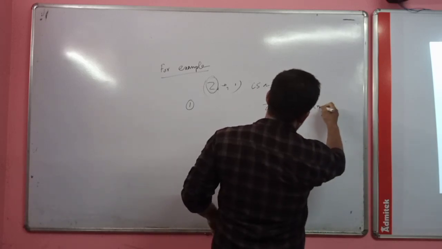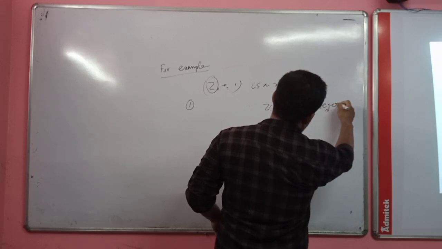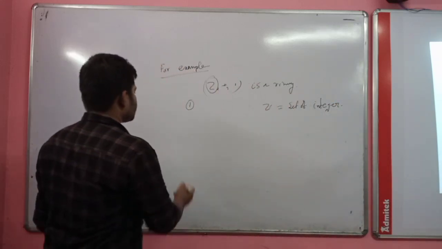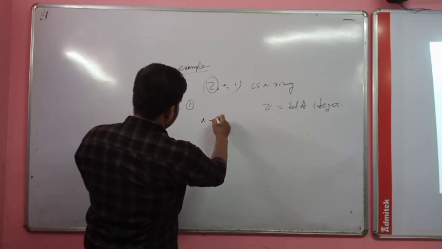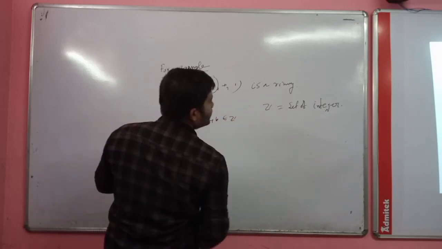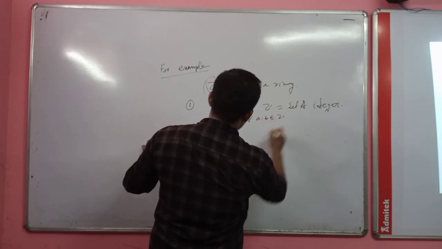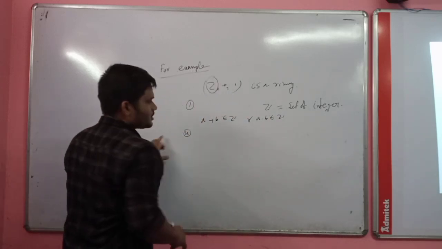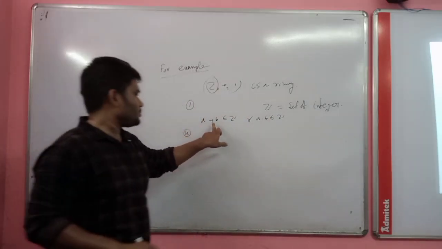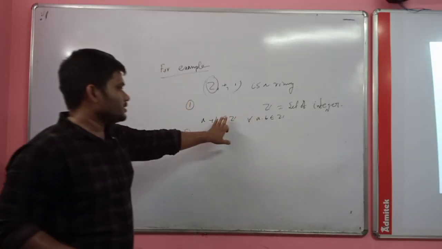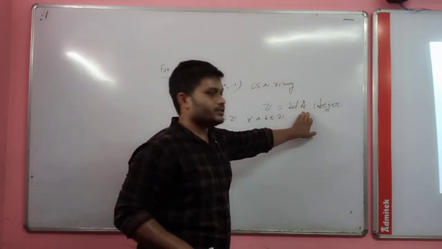The first condition: a plus b belongs to Z for all a, b belongs to Z. Z is the set of integers.